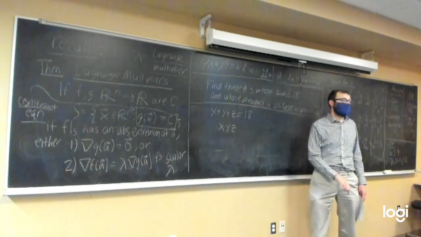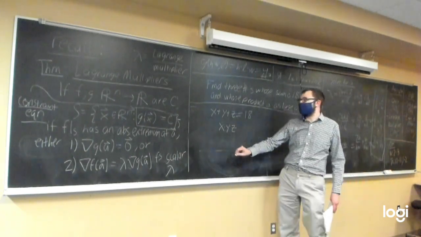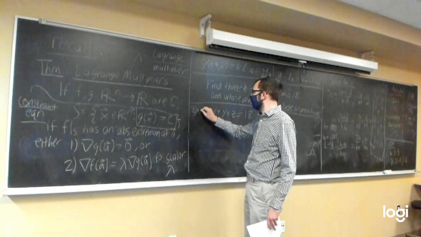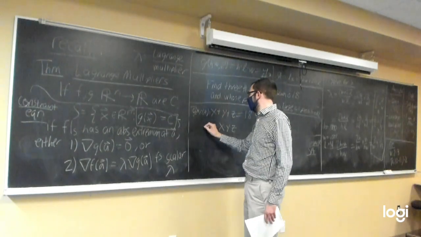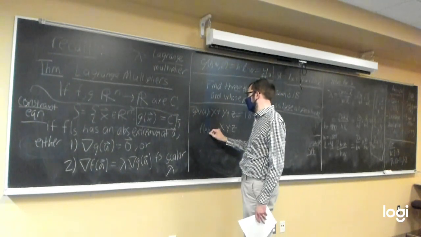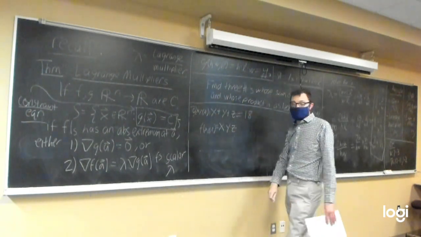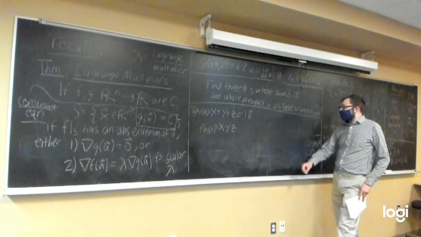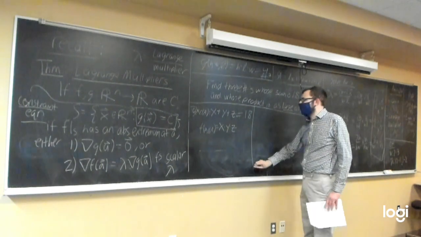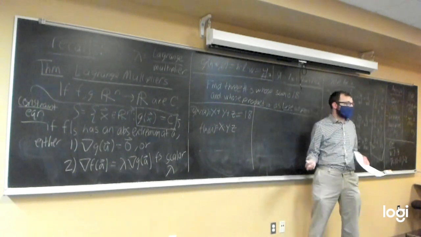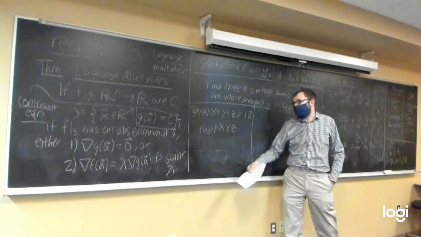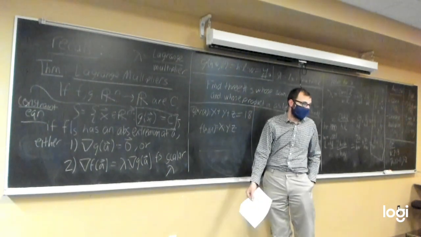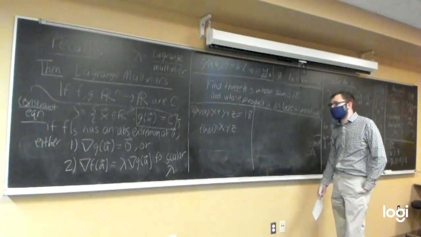And the top one is going to be our constraint, so it's going to be our g. And the bottom one is the expression we're actually trying to optimize, so it's going to be our f. And so I think we can use these two functions to look for points. Where's our gradient?